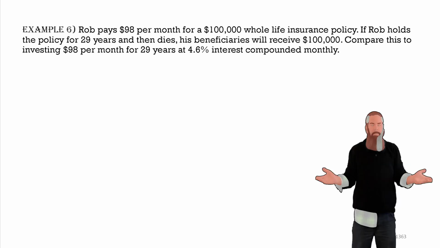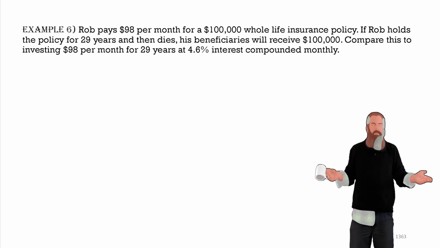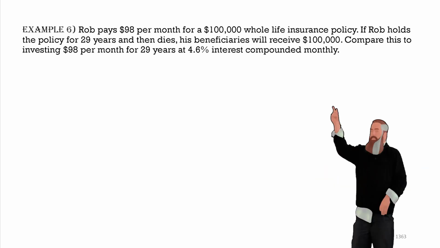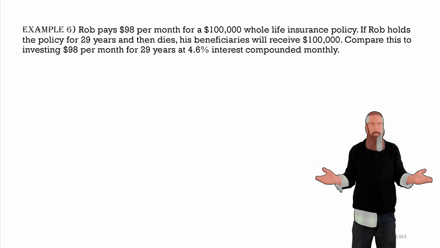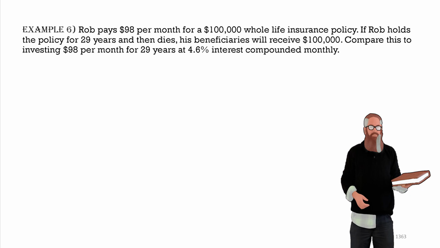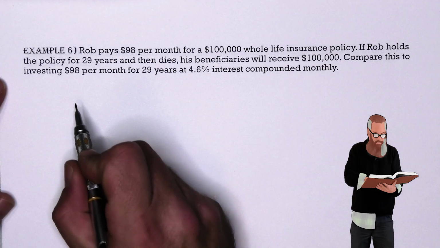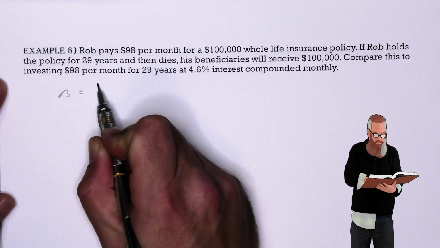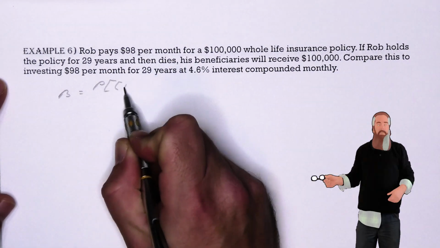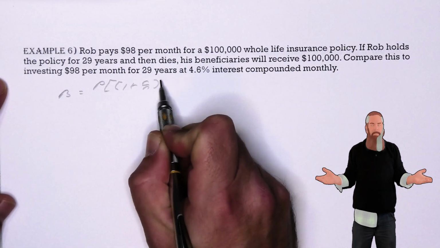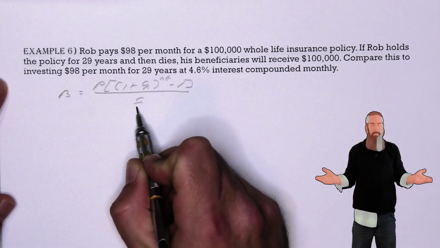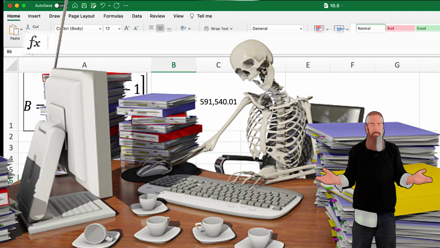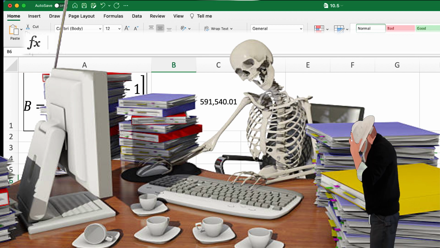If Rob holds the policy for 29 years and then dies, his beneficiaries will receive $100,000. Compare this to investing $98 per month for 29 years at 4.6% interest compound monthly. To do this, we're going to use the formula B is P times 1 plus R over N to the NT power minus 1 all over R over N. And why waste time filling this in when we can go straight to the Excel spreadsheet?